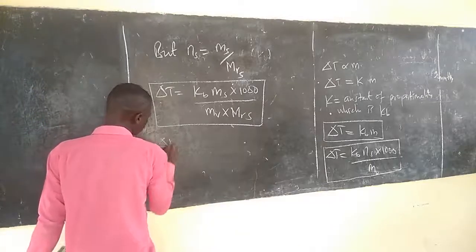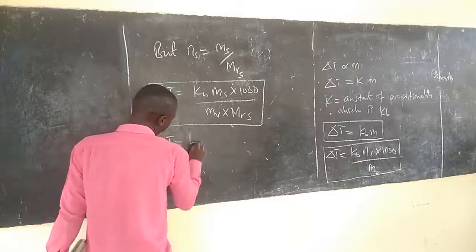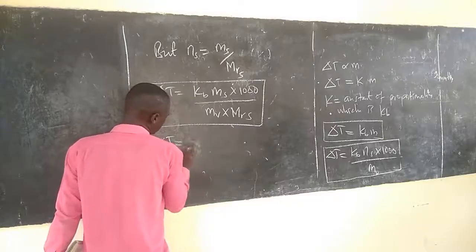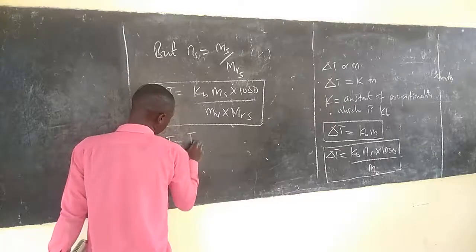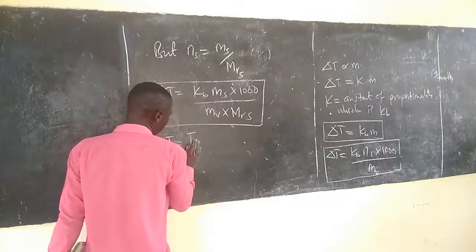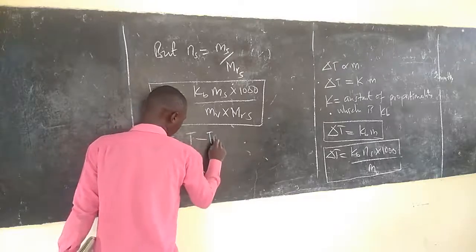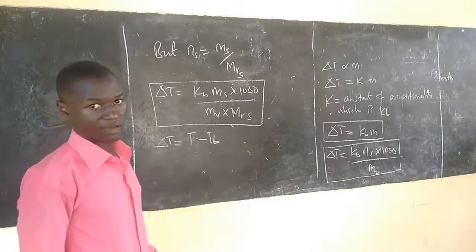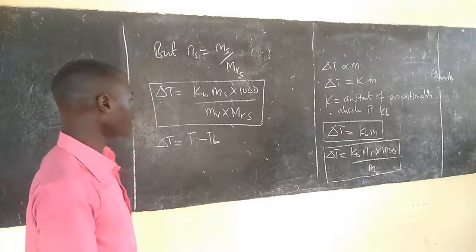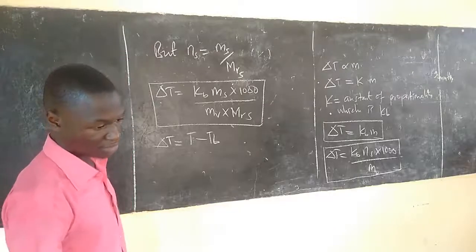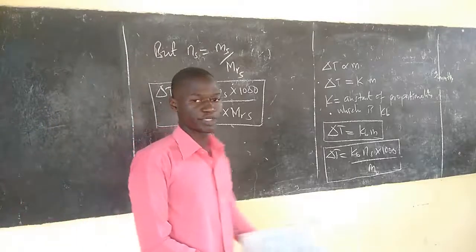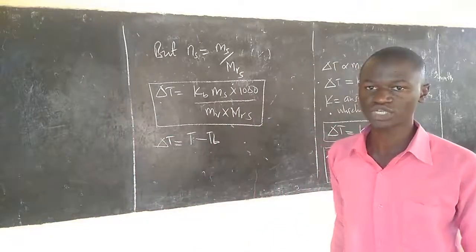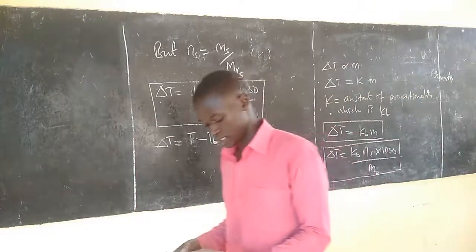Remember, the change in temperature is equal to the boiling point of the solution minus the boiling point of the pure liquid, because the boiling point of the solution is higher. So this is the boiling point elevation. The boiling point of the solution will be greater than that of the pure liquid.